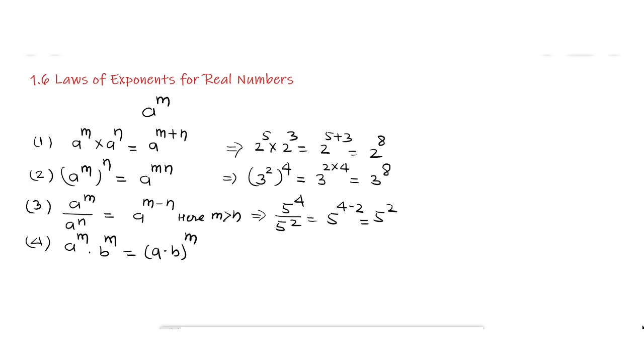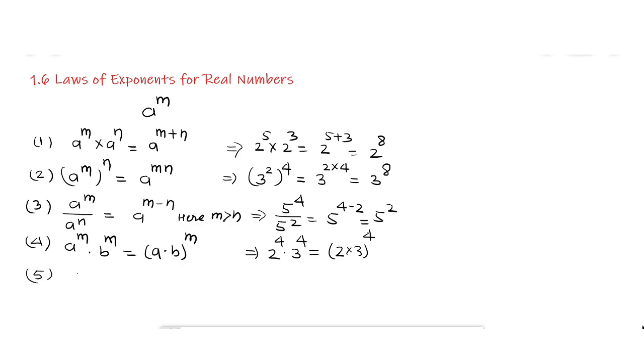Here bases a and b are different, but their powers are the same. Hence we multiply a into b whole to the power m. Here the example is 2 to the power 4 into 3 to the power 4 equals 2 multiplied by 3 whole to the power 4.